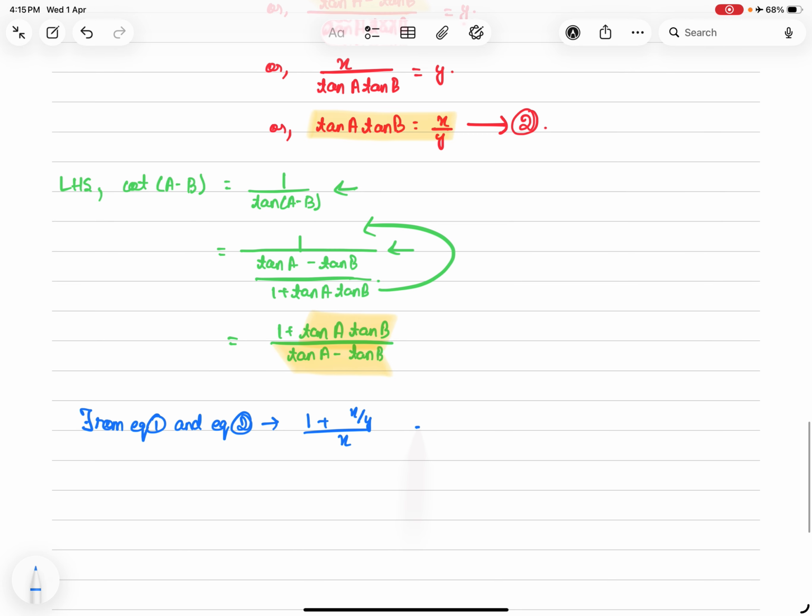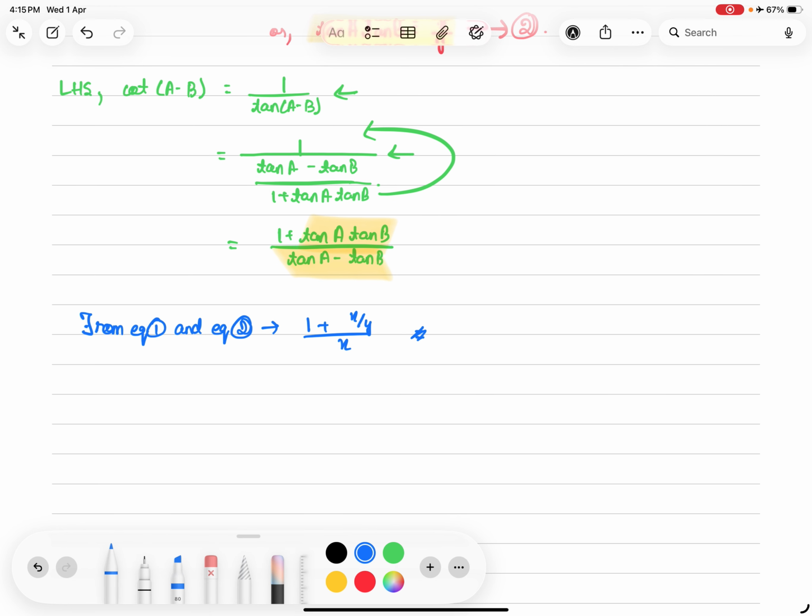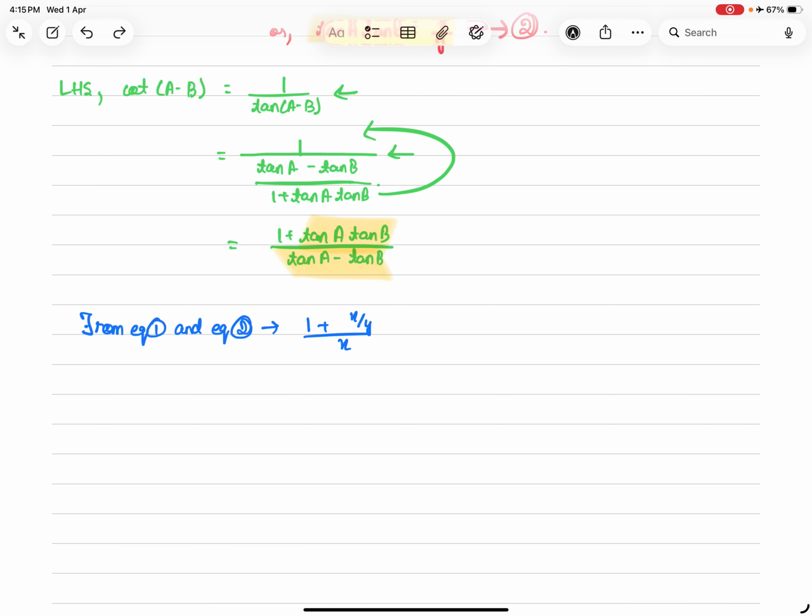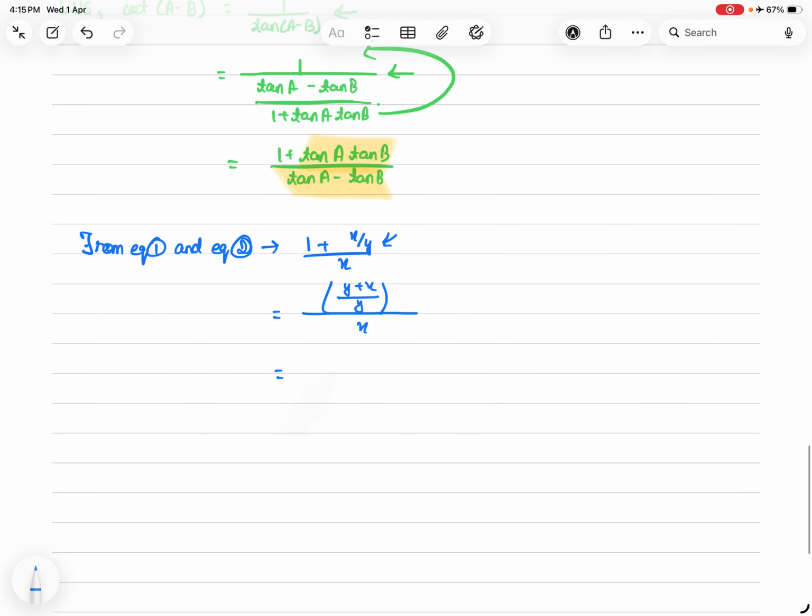Okay, this one we can write it as, let's continue down only. What is wrong with me today? x, and then here if I take LCM up, I'll get y plus x. Do you agree? Here this exactly I'm converting it into this. Okay, now look, here I can write it as x plus y by xy, right?